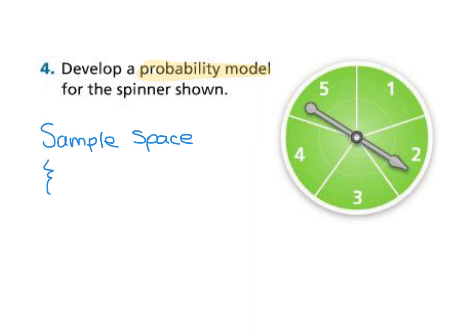You will see sample space in these weird little brackets like this, if you wonder why I'm drawing them. Okay, hopefully you saw on that spinner a 1, a 2, a 3, a 4, and a 5. So for our sample space, our answers, 1, 2, 3, 4, and 5.